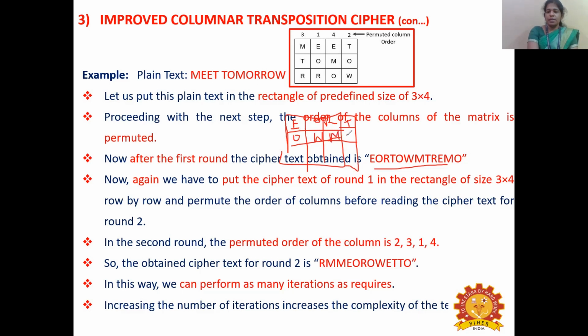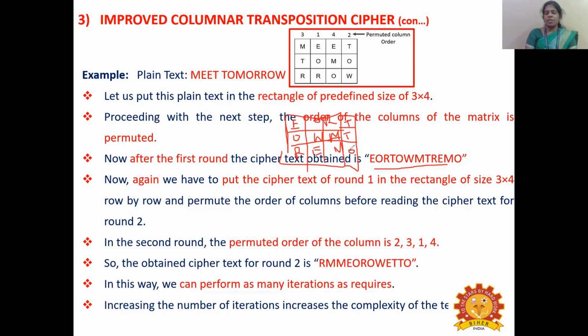M, T, or then E, M, O. So we have finished our first step. We are getting our ciphertext for your round 1. So you have to use this as a plain text for your round 2.